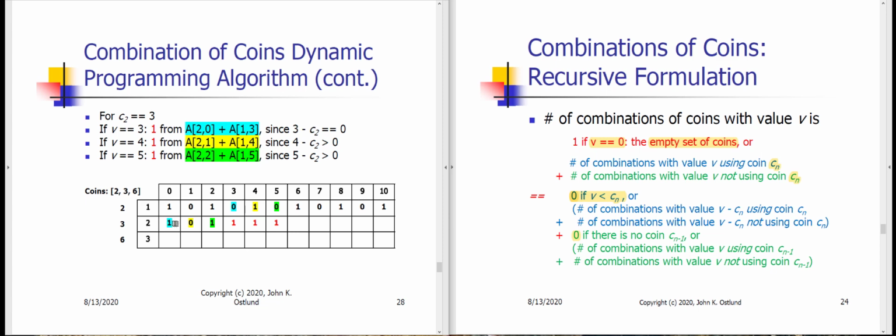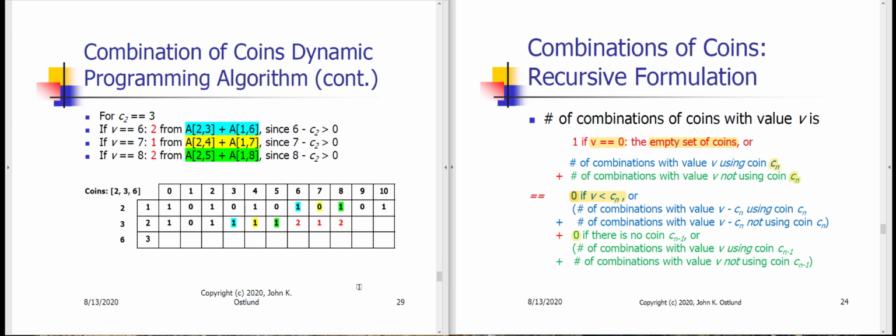There's one way of producing a value of 0 using the 3 coin, and so the number of combinations that we can use to get 3 is the sum of those two values. Because we start with a value of 3 here, and we subtract 3 and discover that there's one combination that will get us to 0, and so this 1 here is the sum of those two cells. And that just continues. So this 1 here is the sum of these two cells, this one is the sum of these two cells, etc.